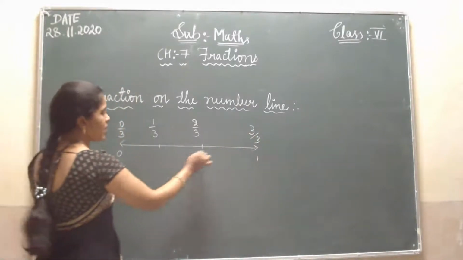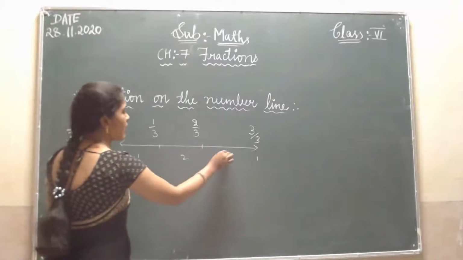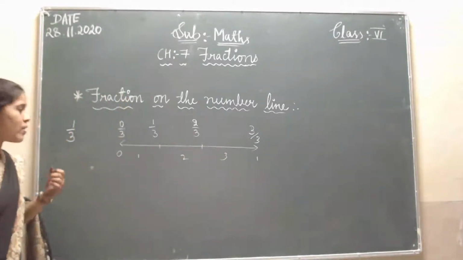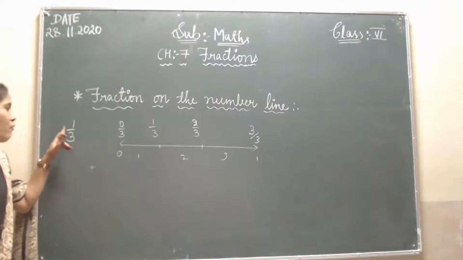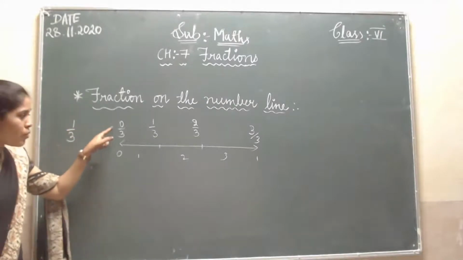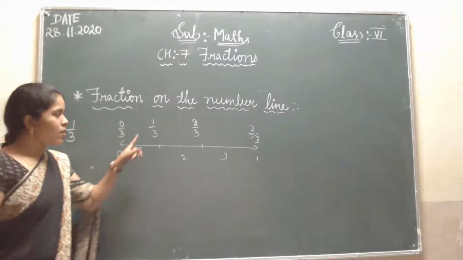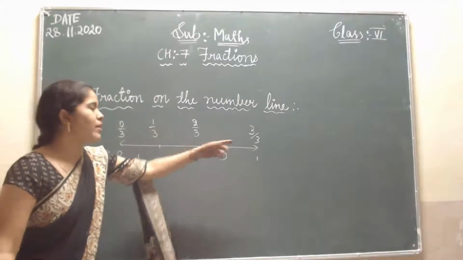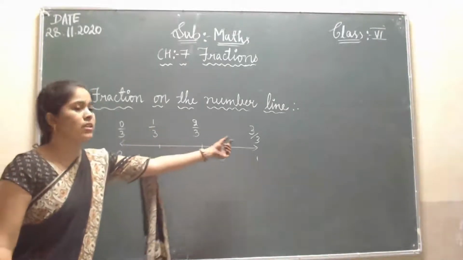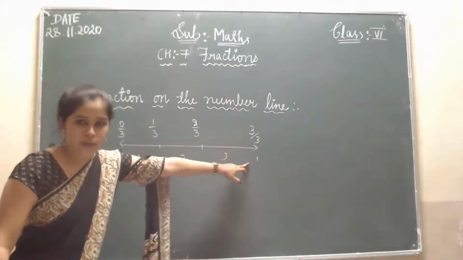So we are taking 3 parts: 1 part, 2 parts and the 3rd part. So 0 by 3 is nothing but 0, then 1 by 3, 2 by 3, 3 by 3, and 3 by 3 is nothing but 1 only.